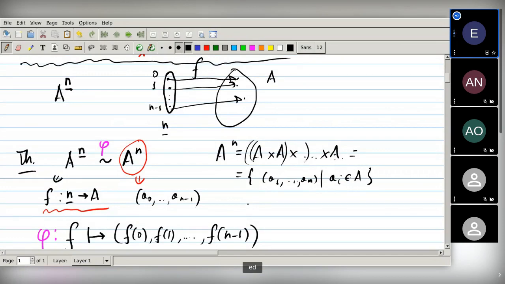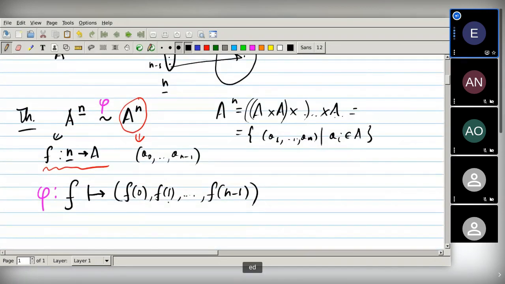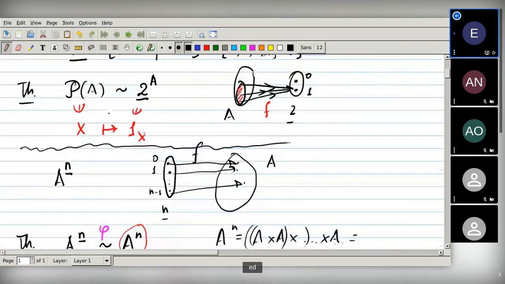You can encode it by a one-to-one correspondence with a tuple of its values, and vice versa. Of course, given a tuple, you can construct a function whose value at 0 is a0, whose value at 1 is a1, and so on. So we have a natural bijection between finite domain functions and tuples.